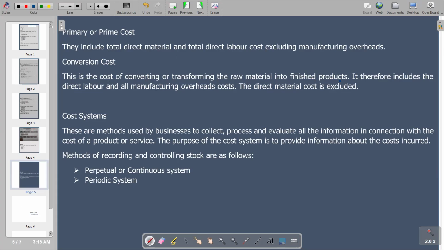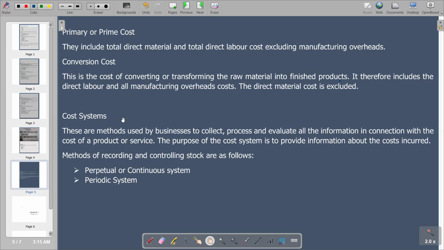Conversion cost is the cost of converting or transforming the raw material into finished products. It therefore includes the direct labor and overheads. Very important for you to take note that the direct material cost is excluded, but it takes into account direct labor and manufacturing overheads. That is the conversion cost.